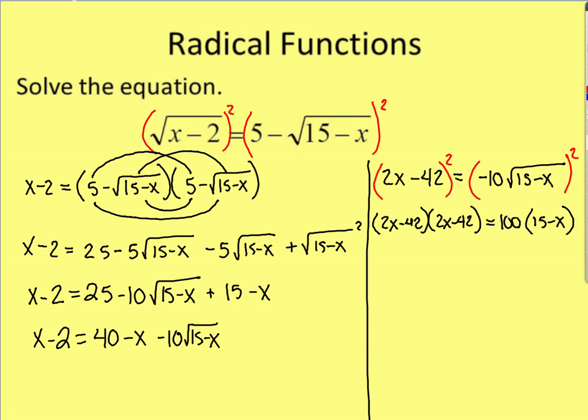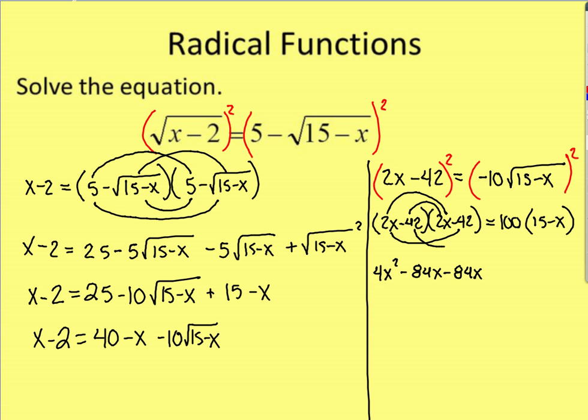On the left side, we're going to FOIL again. So first, 2x times 2x gives us 4x squared. Outside, 2x times negative 42 gives us a negative 84x. Inside, negative 42 times 2x gives us a negative 84x.